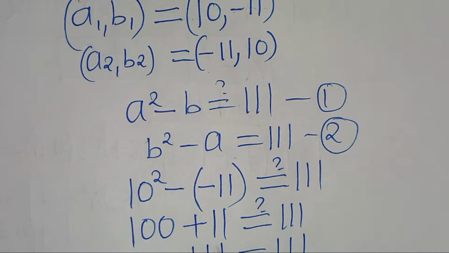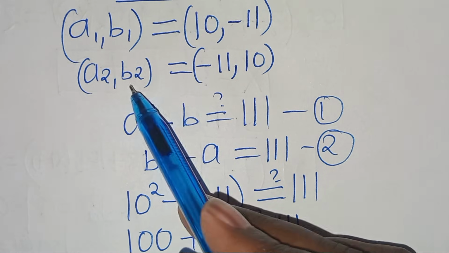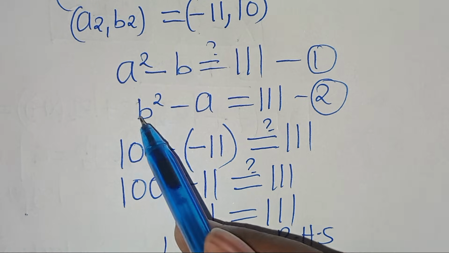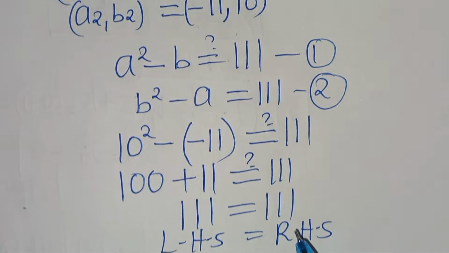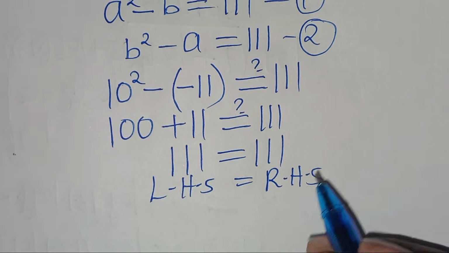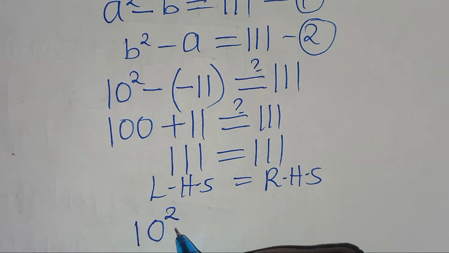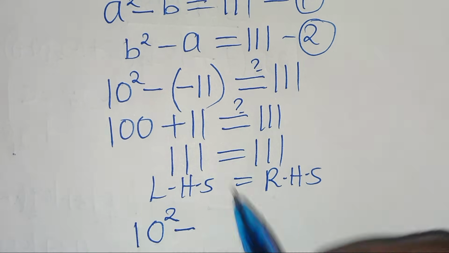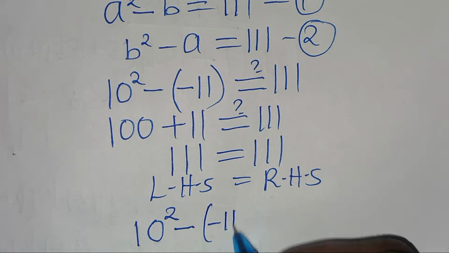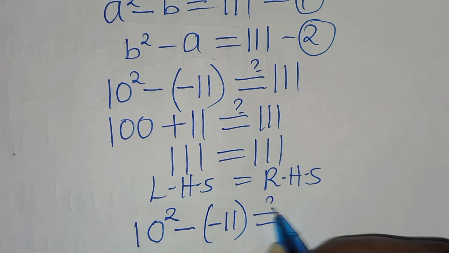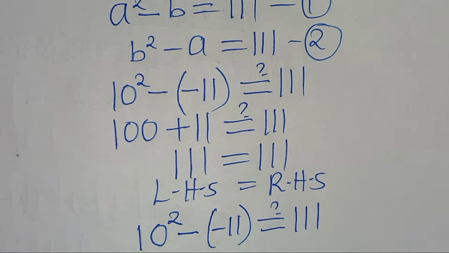So let's take the second set of solution here, which is a2, b2, by applying equation 2. Now, equation 2, we have 10 squared, this is for b squared, then minus a. Remember, a is equal to minus 11. This is supposed to give us a value of 111.